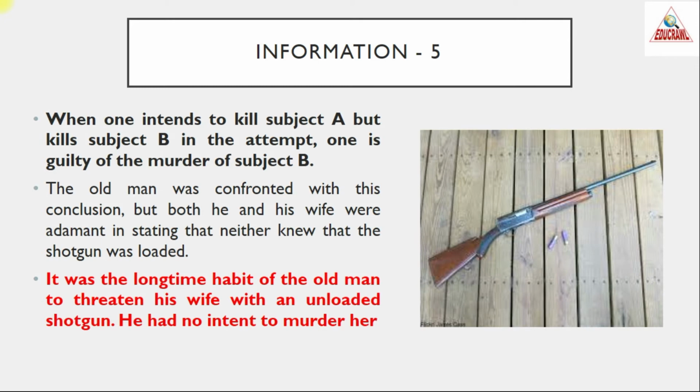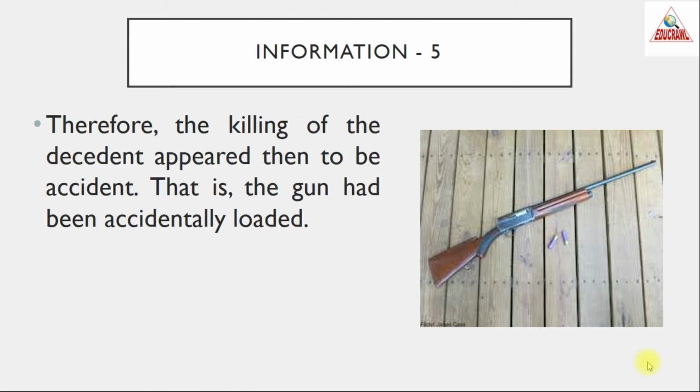He had no intent to murder her. Every time they had a quarrel, he would threaten his wife with an unloaded gun. Therefore, the killing of the decedent appeared then to be an accident. That is, the gun had been accidentally loaded.